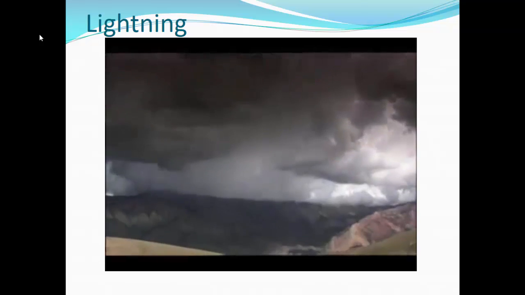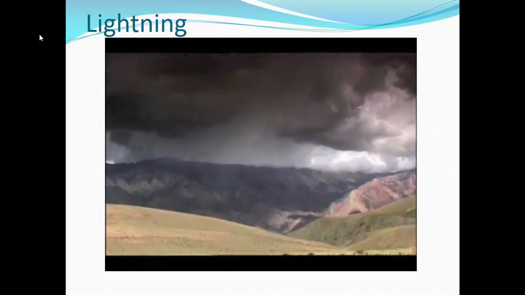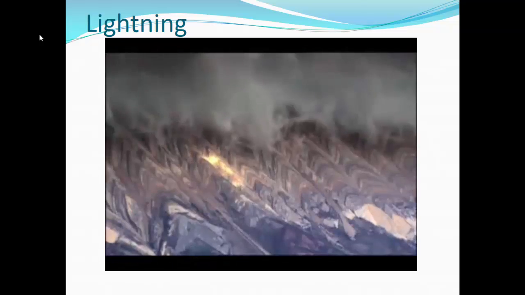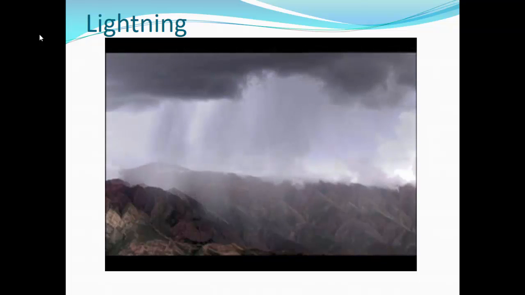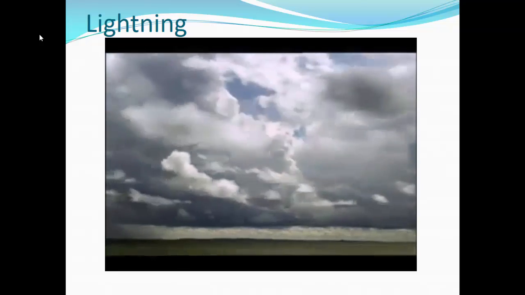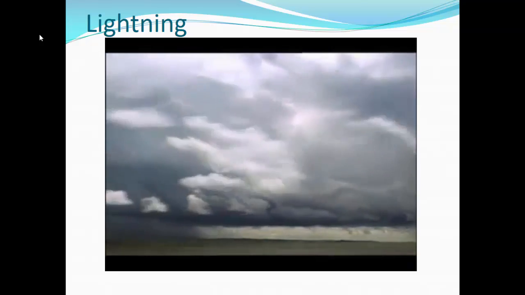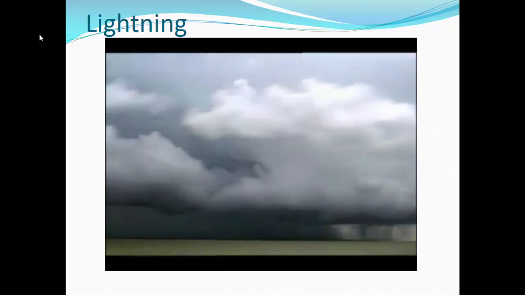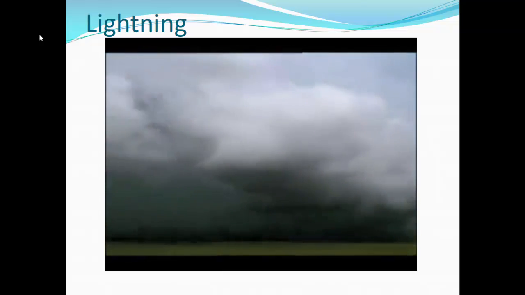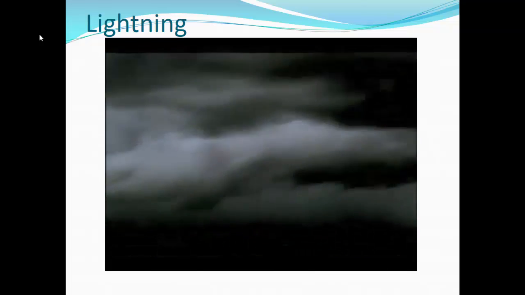Jim sets off to try and get underneath the center of a developing storm. The lightning is a byproduct of the extreme air movements within storm clouds. Inside the storm clouds, warm, moist air rises.